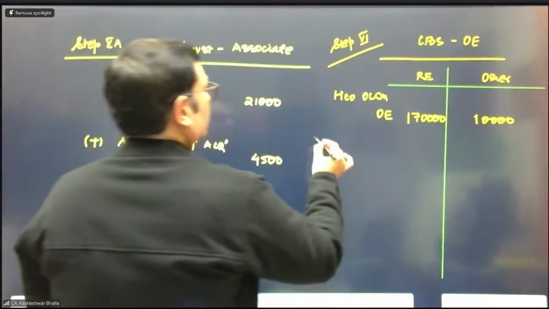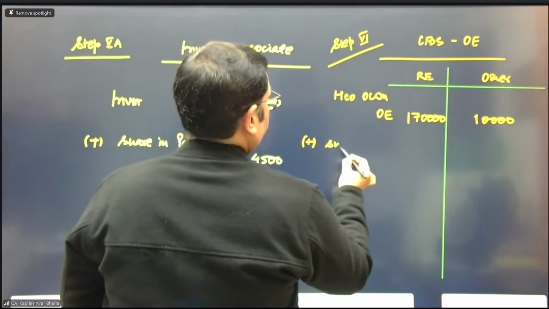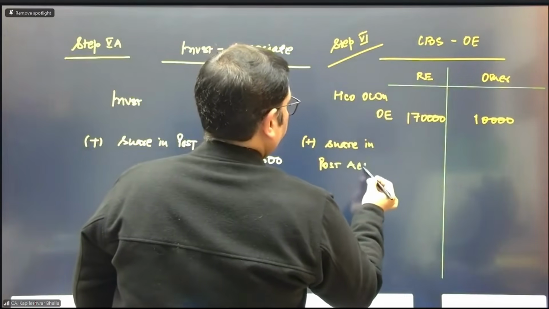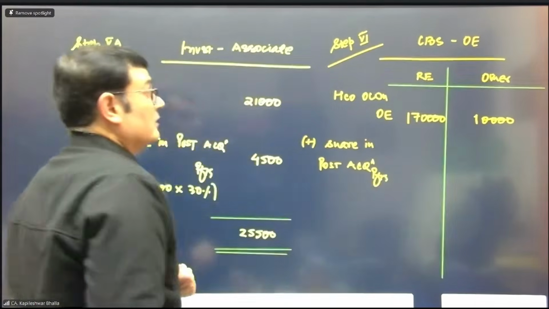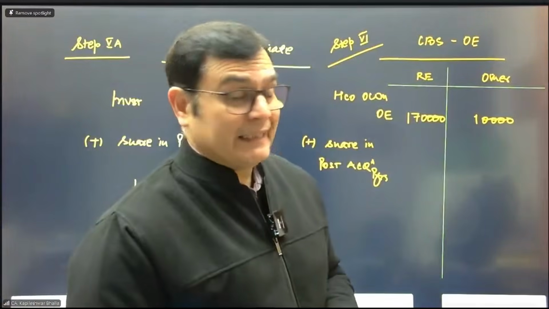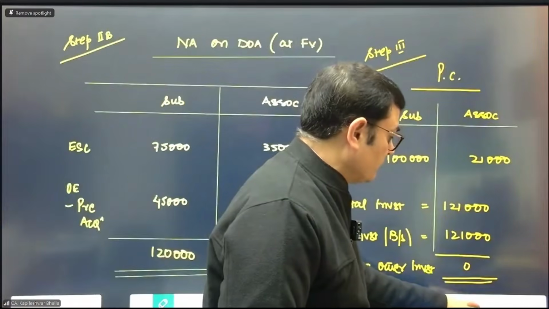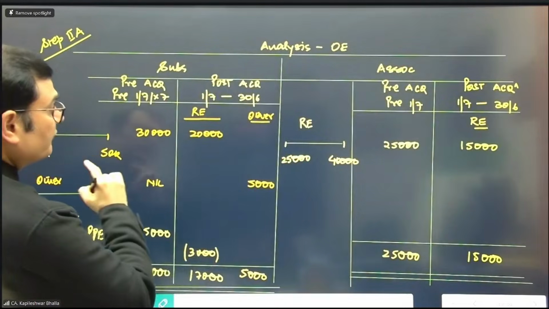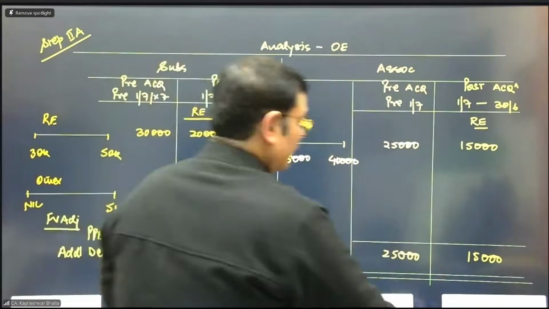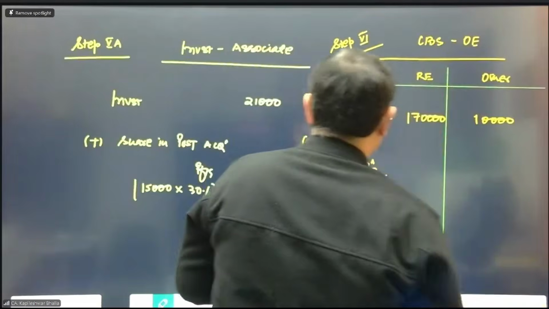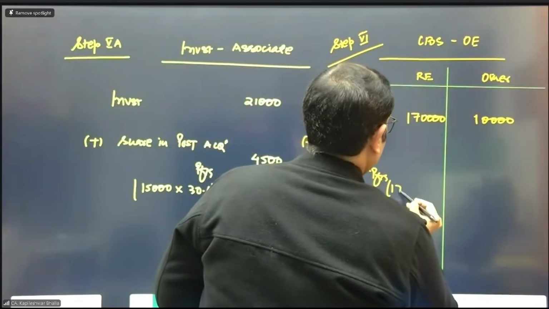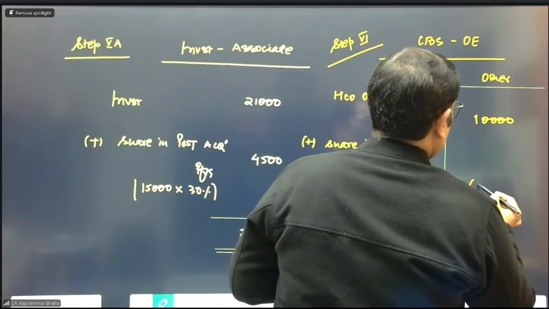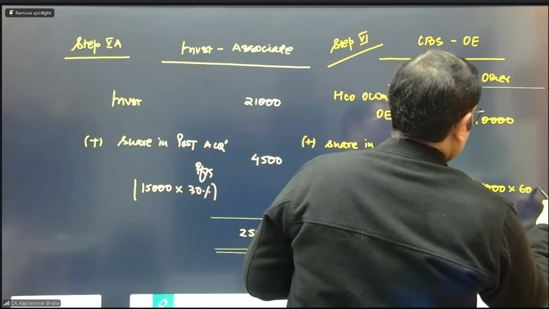So let's now consider the share in post-acquisition profits. So for that, we go back to step number 2A for the analysis of equity to get the post-acquisition share. So 17 in the RE and 5 in the other components. So we consider retained earnings 17 into 60%, and this is going to be 5 into 60%.